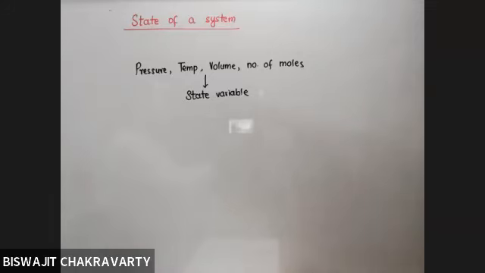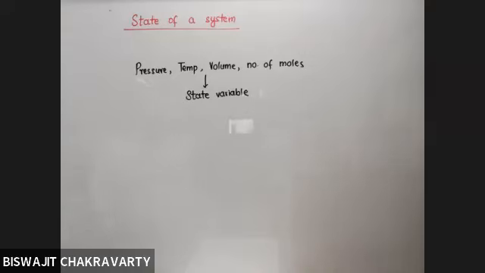We say that they have a definite state. But during the process, if there is a change going on, we say that some external factor has come in, because of which there has been some change in any one of them, not all of them at a time.